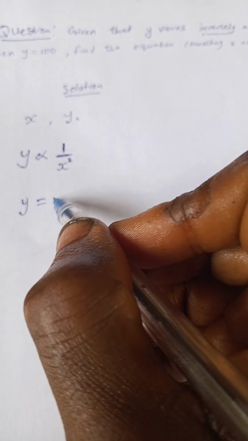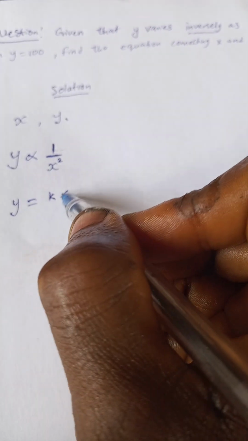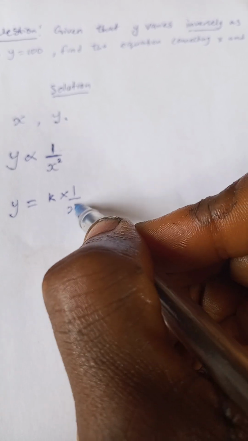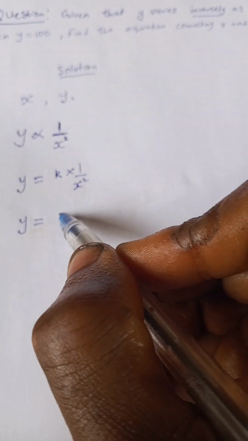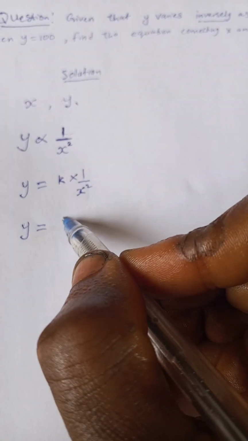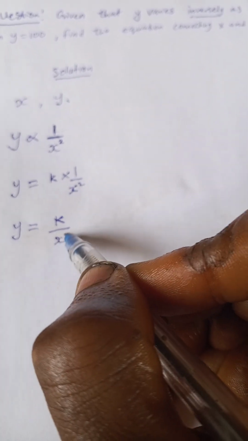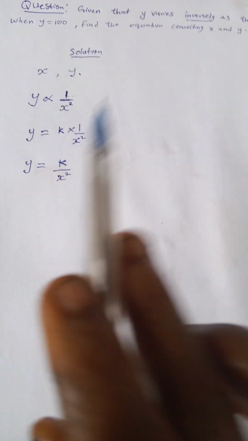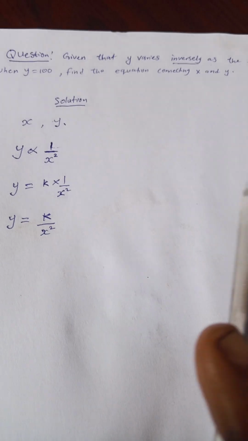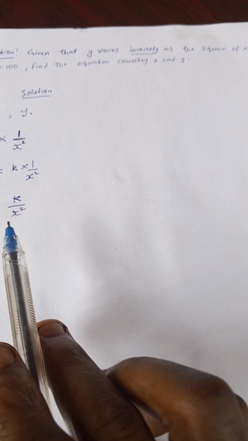So y equals k by 1 all over the square root of x, which further gives y equals k over the square root of x.